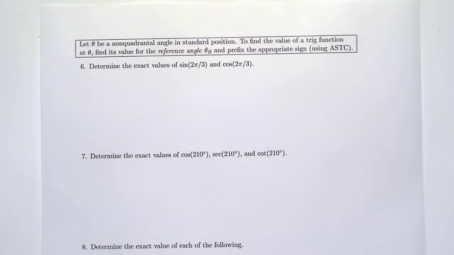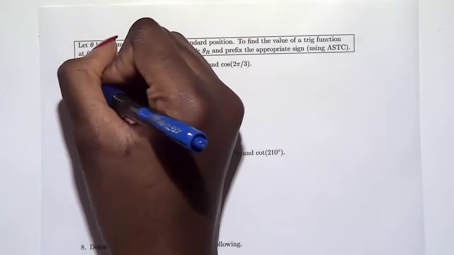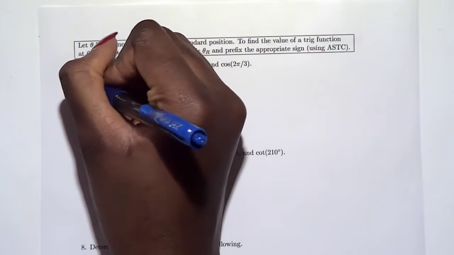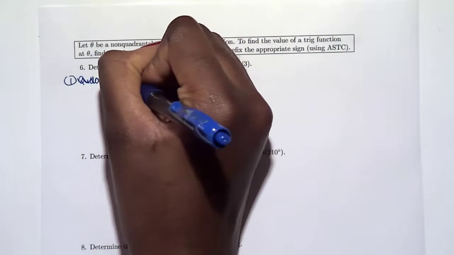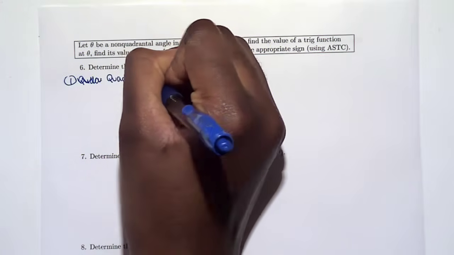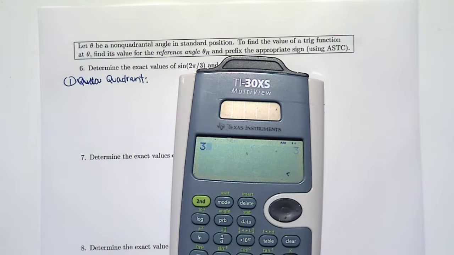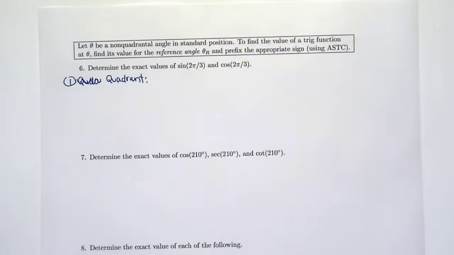All right, so the first thing we need to do is figure out in what quadrant is 2 pi over 3 located. Oh, I can't spell. Quadrant. All right, well, 2 over 3 is 0.6. So this is in quadrant 2.